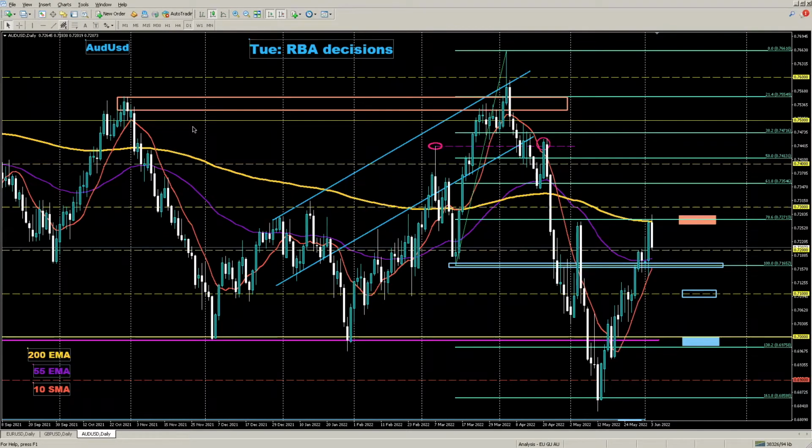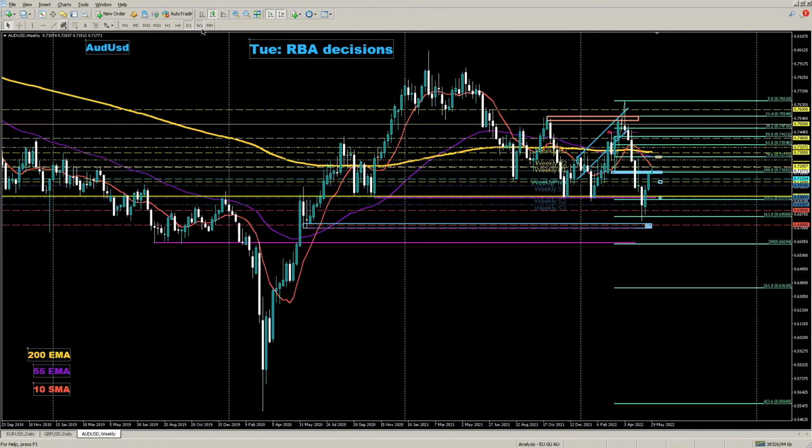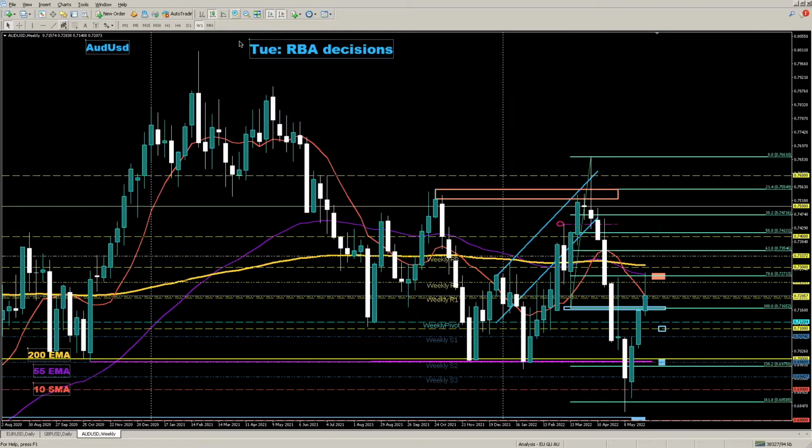Let's also take a look at the weekly time frame. And yes, it did attempt before pulling back. So there is still opportunity for a bullish move, and with the RBA announcement as a trigger to push up into the 7300 area where the weekly 200 is also there.